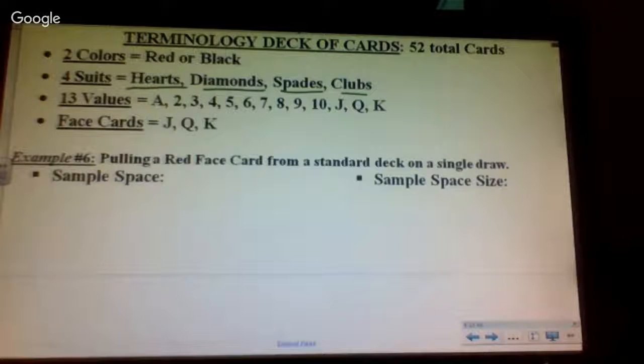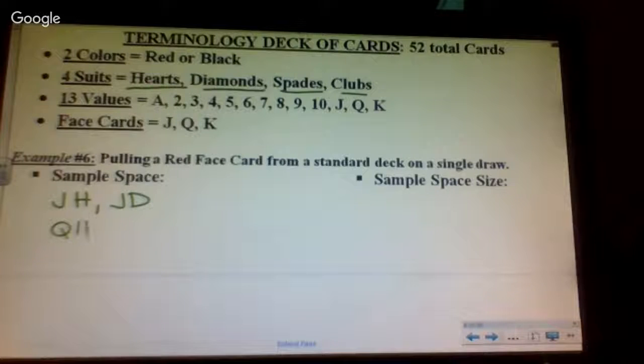Okay. So, example 6. Pulling a red face card from a standard deck on a single draw. How many face cards do we have that are red? I have 6. I've got the jack of hearts, the jack of diamonds, because remember, jacks are a face card, and hearts and diamonds are red.